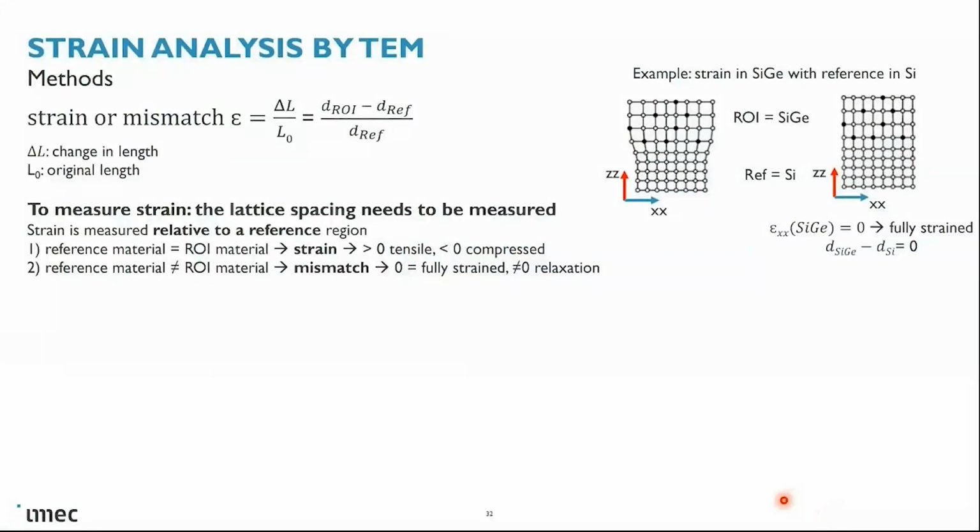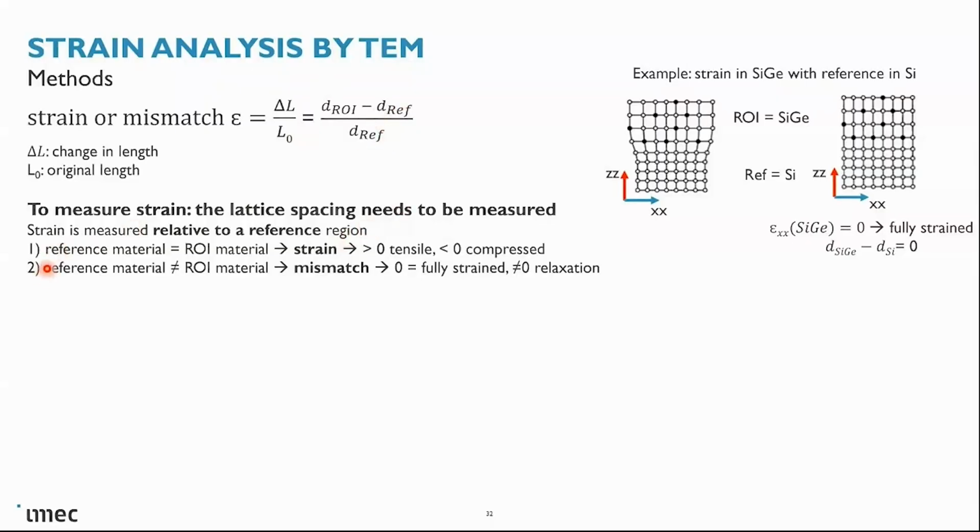So to measure strain, we need to determine the lattice spacing, as I said before. And we always measure strain relative to a reference region. Depending on what we choose as reference, the meaning of this formula will change.